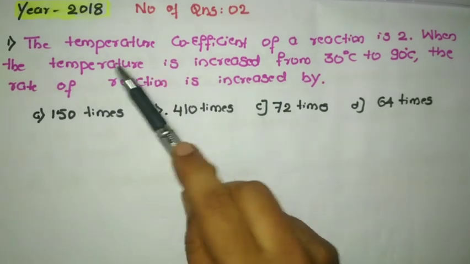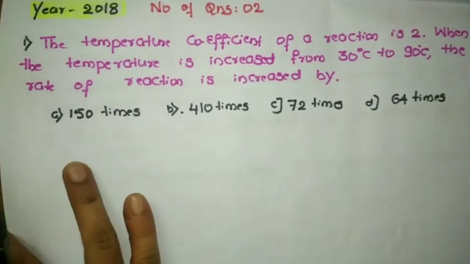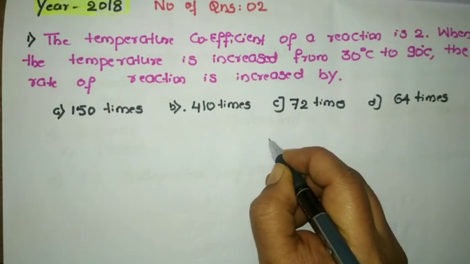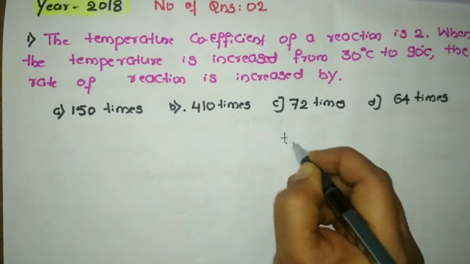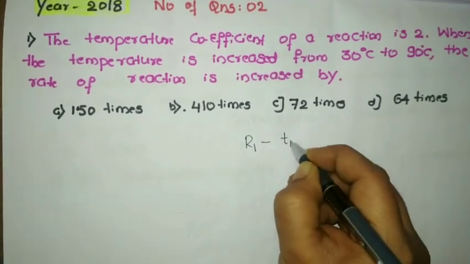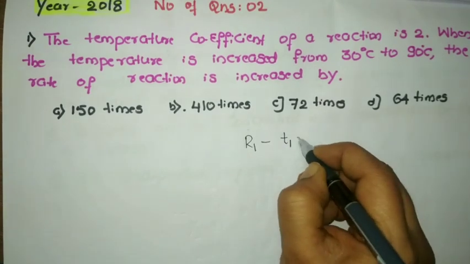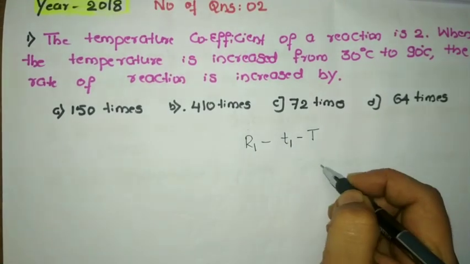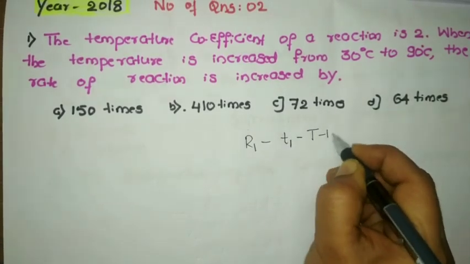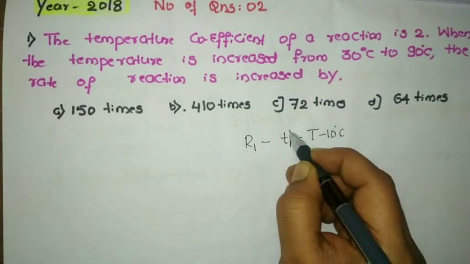Before that, what is temperature coefficient? See, for a reaction which is taking a time t at a temperature, let us take 10 degrees Celsius, the reaction takes place at time t.